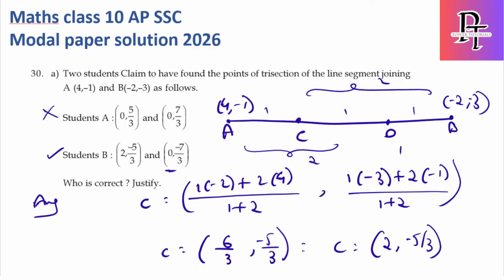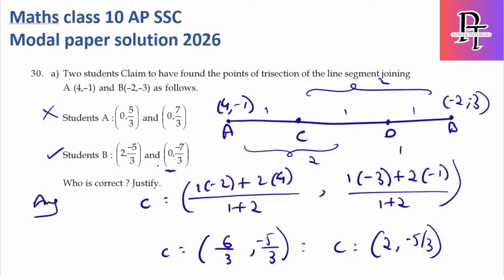So the 30th question: two students claim to have found the points of trisection of the line joining A (4, -1) and B (-2, -3). Student A says (0, 5/3) and (0, 7/3), and student B says (2, -5/3) and (0, -7/3), and we have to prove who is correct.